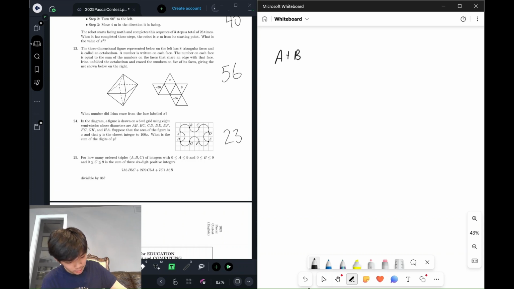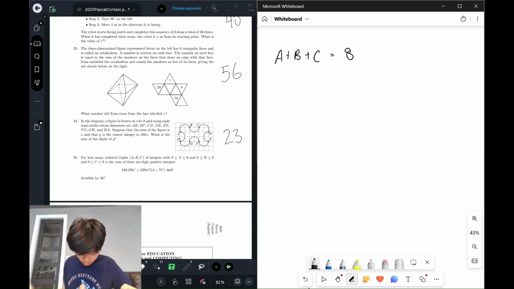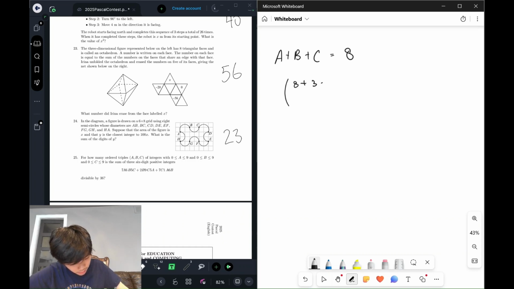A plus B plus C equals 8. Alright. In this case, similarly to above, the condition with A less than or equal to 9 doesn't actually matter. So by stars and bars, there are 8 plus 3 minus 1 choose 2, which is 10 choose 2, which is 45 solutions.